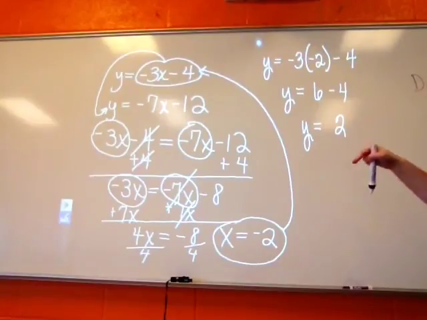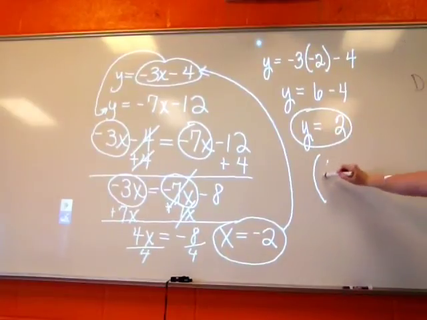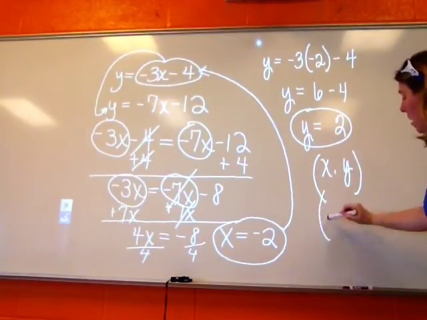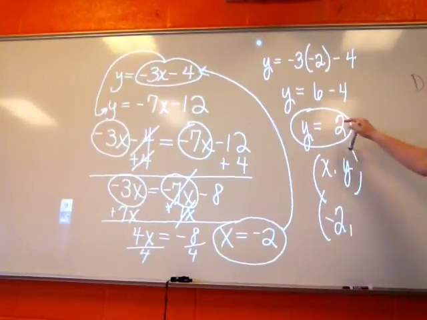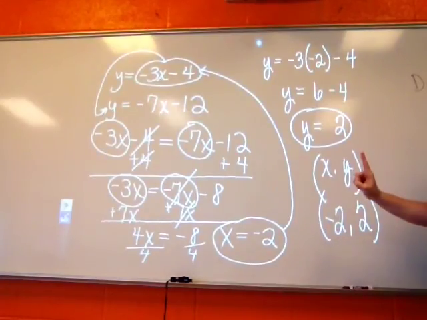So my actual ordered pair, because I have to write it as an ordered pair of x comma y, is going to have x as negative 2 and y as positive 2. So that means this particular problem has one solution, and that one solution is negative 2, 2.